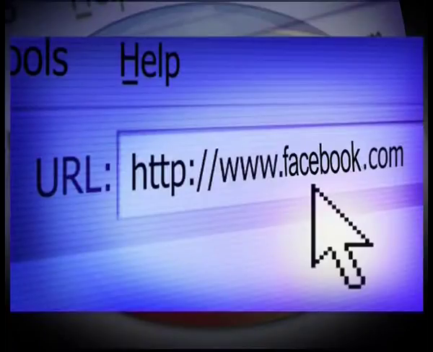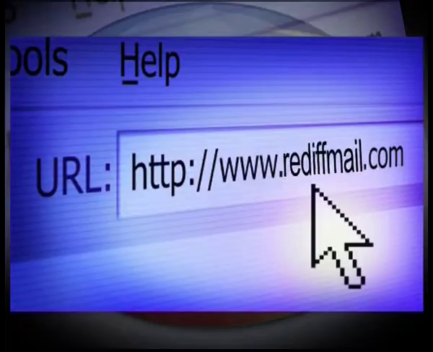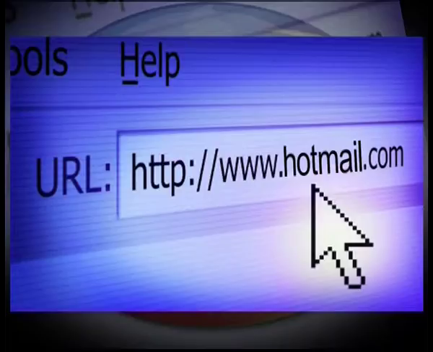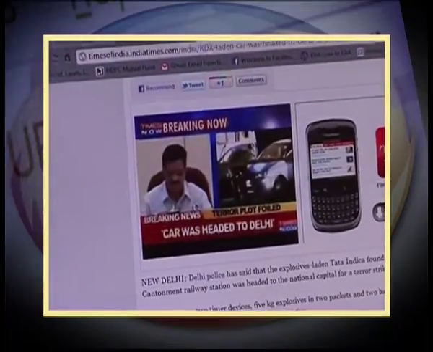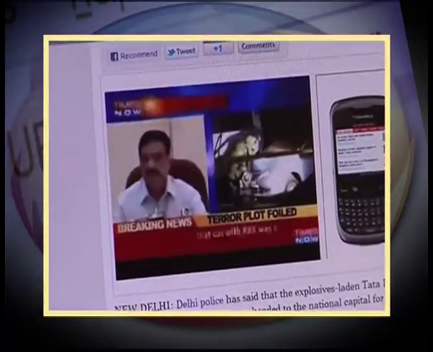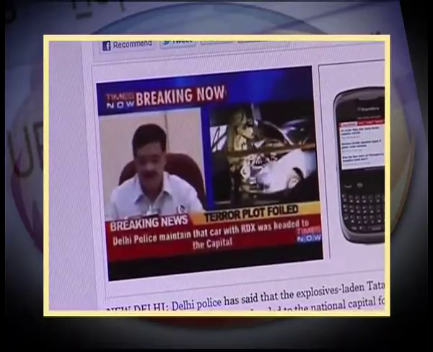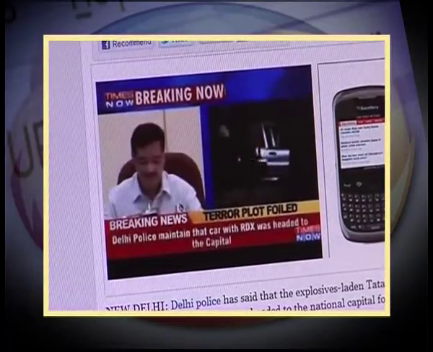Then comes the domain name, which is the name of the website. This name is mapped to the IP address allotted to the website. Once you enter the web address in the address bar, you start the information transfer process.